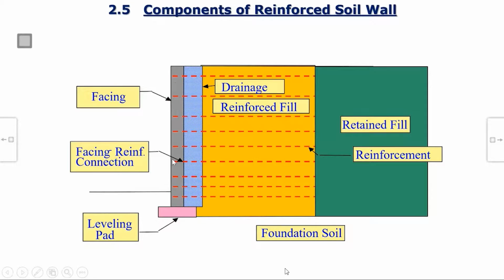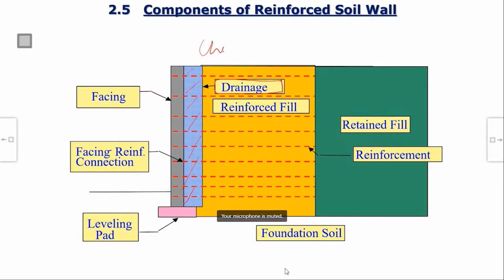And the last component, which is very, very important. In fact, in our railway cases, if I tell you a few of the cases, the failure of our RE structure was because of not taking care of this component, and that component is this blue colored thing. This is known as drainage.